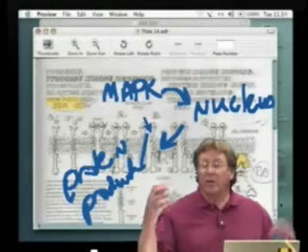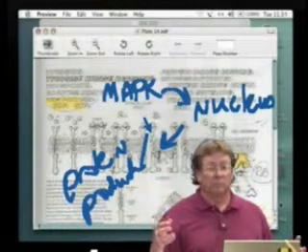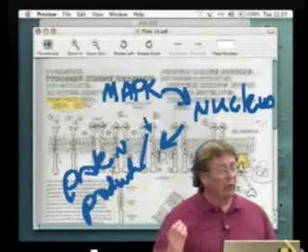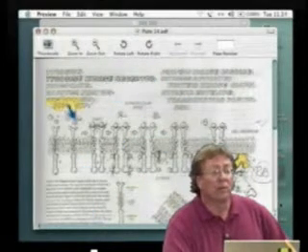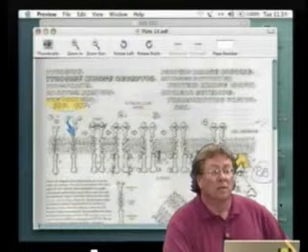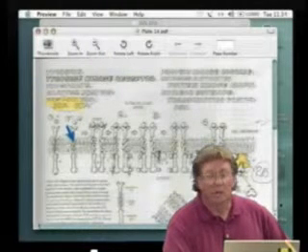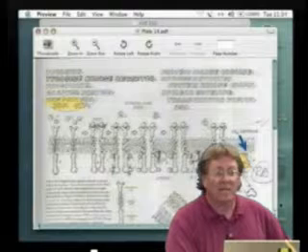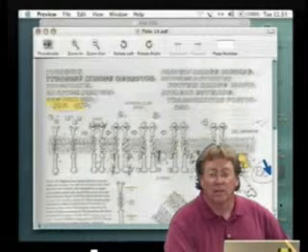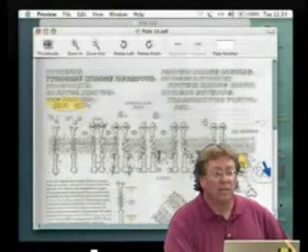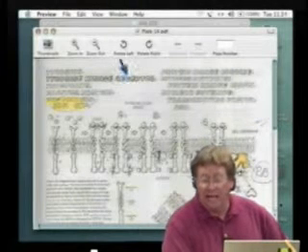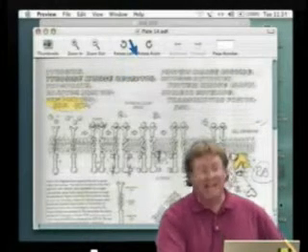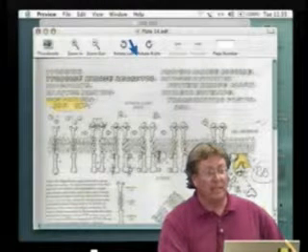So let's say you have a nerve cell. Nerve growth factor comes down, stimulates the receptor, which activates the RAS protein. The RAS protein stimulates another enzyme, a kinase, and it's called mitogen activated protein kinase.